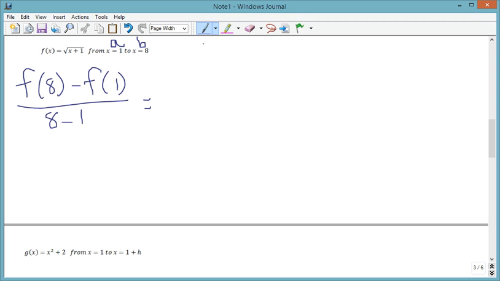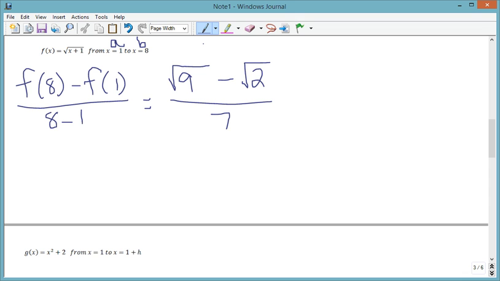Alright, well, f of 8, I plug 8 in here, and I have the square root of 8 plus 1, which is 9, minus, I plug the 1 in there. Man, I thought I was going to do one that worked out nice, but actually, we'll get square roots.